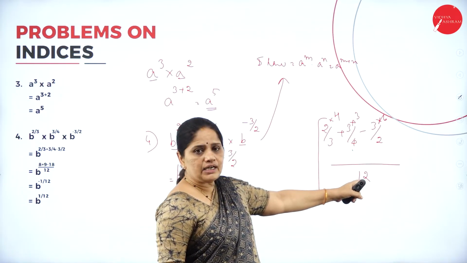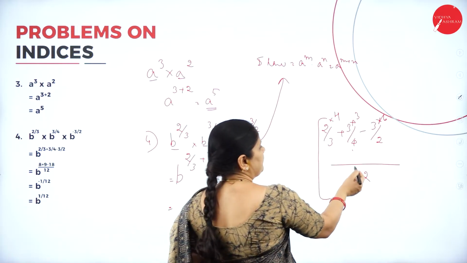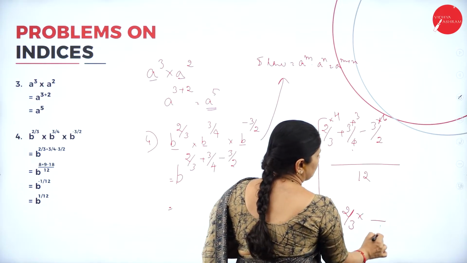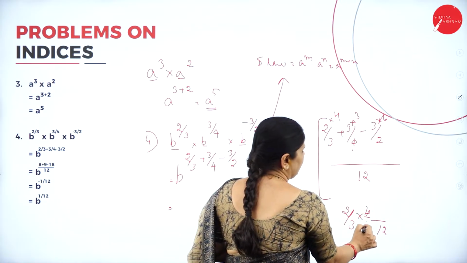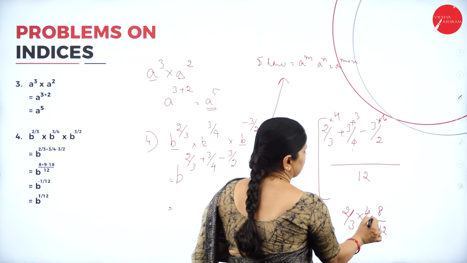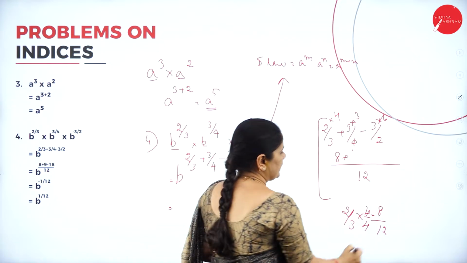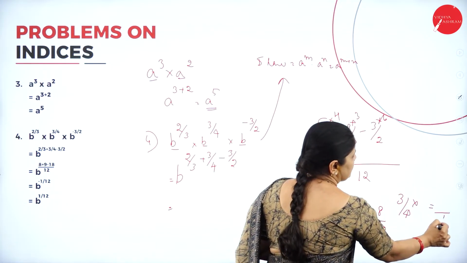So, I am taking the common denominator as 12. Now, if I have to get 12 here, I should write 2 by 3 into dash equals 12. So, it will be 4 by 4. 3 4s are 12, 2 4s are 8. So, this is the answer I will get here, plus then again 3 by 4 into dash equals 12.